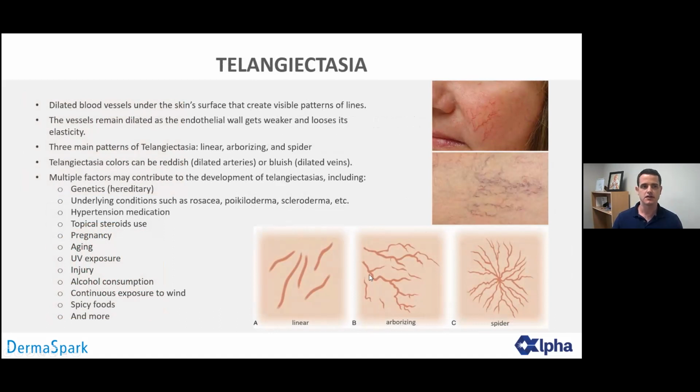And this is the result of the endothelial wall getting weaker and weaker over time until the point that it can no longer go back to its original diameter, to its original shape, and it remains dilated.